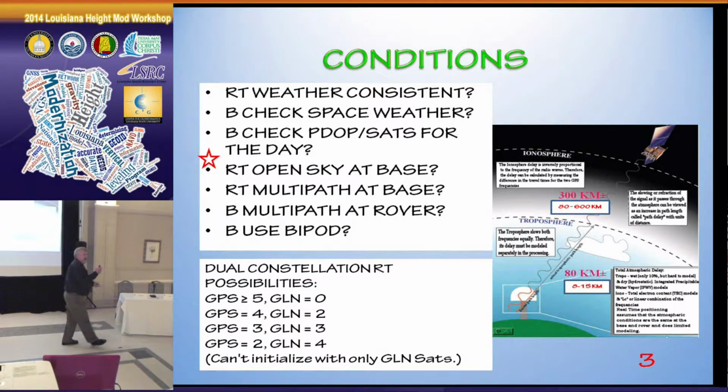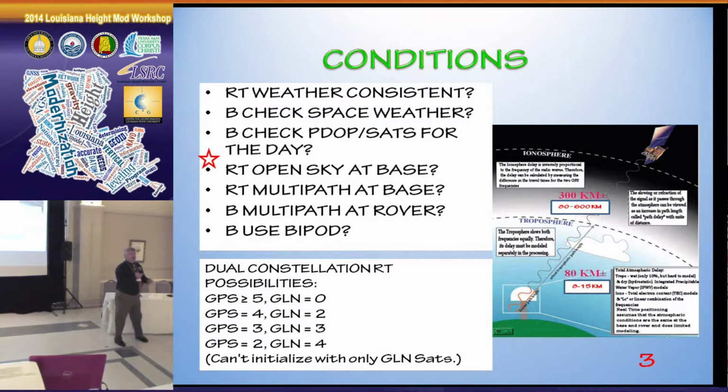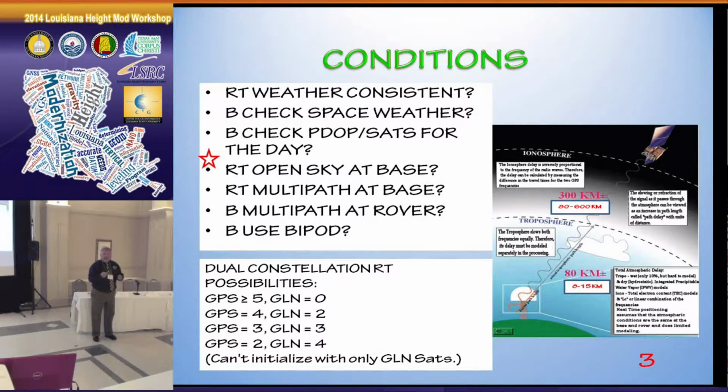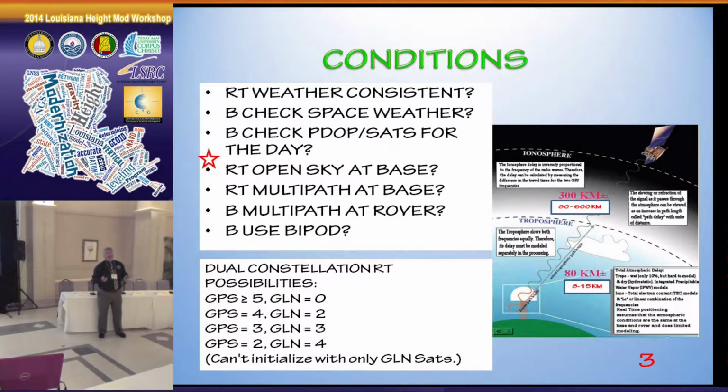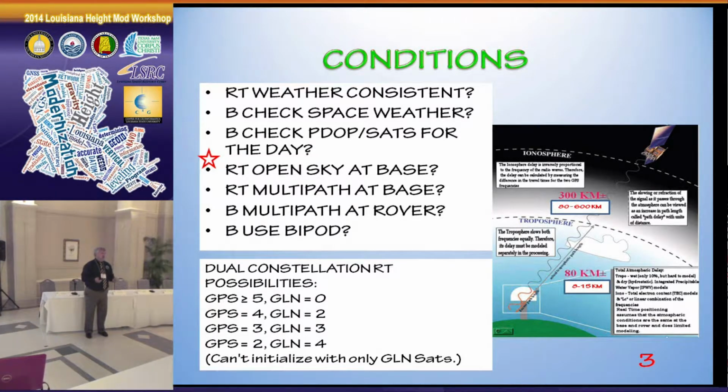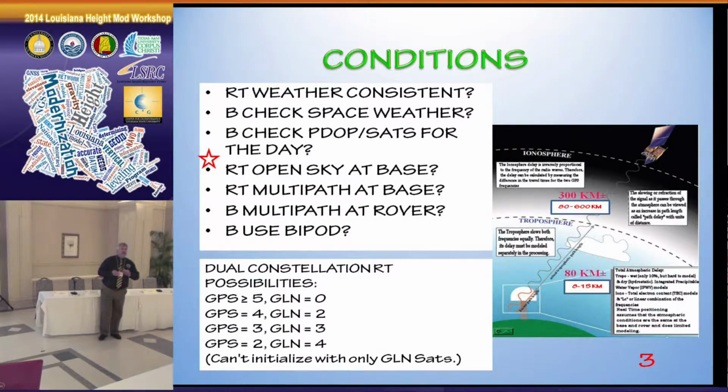And as long as it has the same conditions affecting that signal, okay. But if it doesn't, then it's going to apply those same corrections for a bogus condition, and you're going to get an error. It depends how much of an error, but it could be enough to prevent you from getting a fixed solution. Just saying. And that depends, too, how far away you are and how the conditions change.